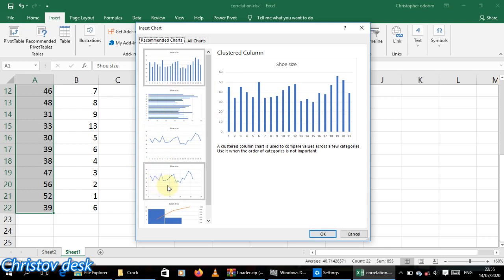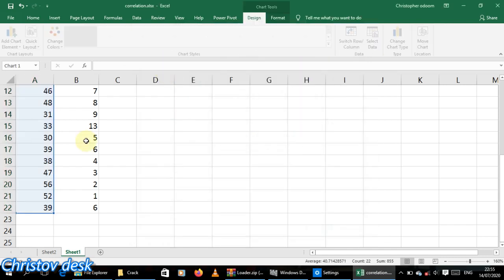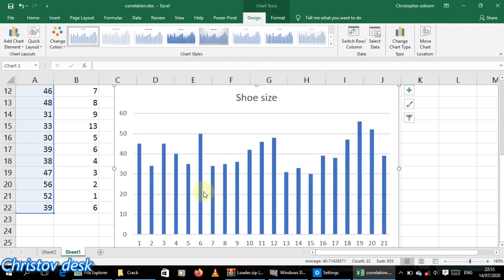Which one do you want? Probably you want the bar chart, so you can click on that. This is a bar chart, and it shows 1 to 20, I think there are 21 data points, and each frequency.